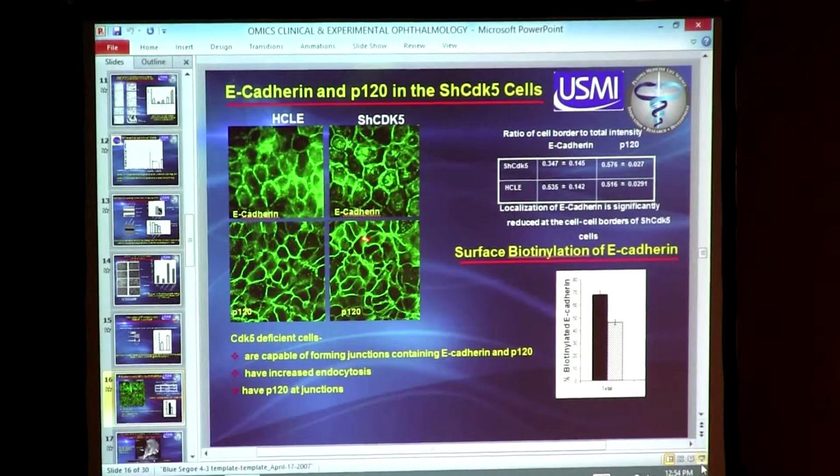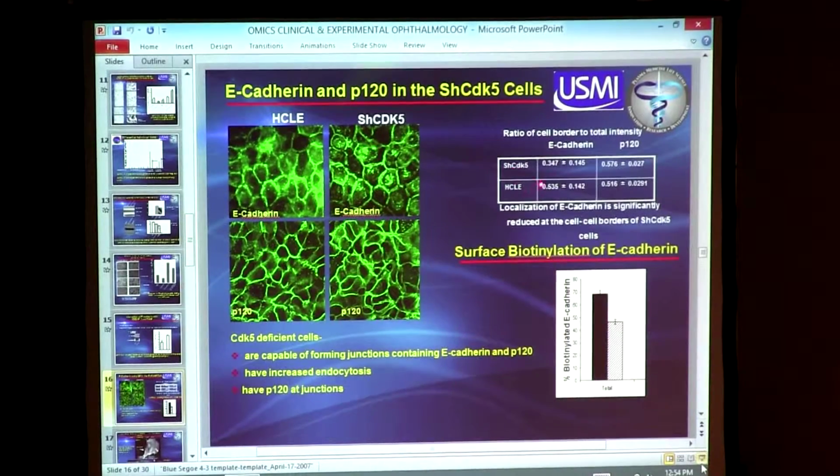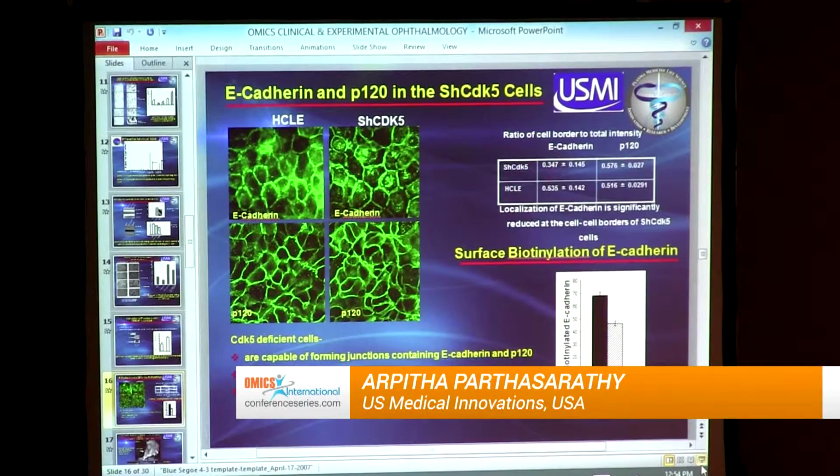That pattern was not visible in the P120. We also estimated the border to internalized fluorescence intensity, and we see that there was a reduction in the Sh CDK5 cells. Since there was internalization, the border to cytoplasm fluorescence intensity was reduced in the Sh CDK5 cells when compared to the HCLE cells.